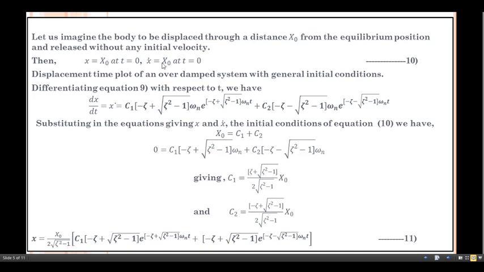Then these are the initial conditions: x equals x naught at time t equals 0, and the velocity is 0 at time t equals 0.